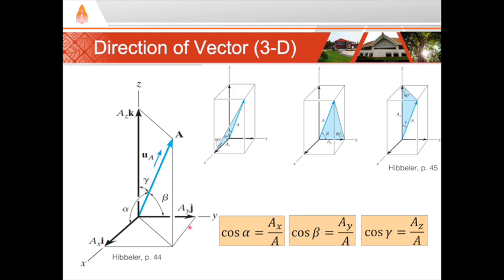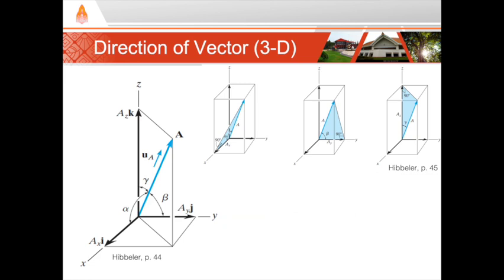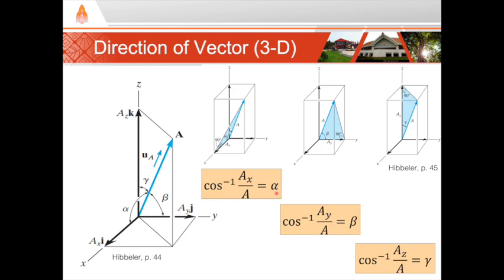So for example, the cosine of alpha is equal to the ratio of the magnitude in the x direction, or ax, divided by the overall magnitude of the vector A, and so on. Alternatively, if you already know these ratios, then you can find the angles using the inverse cosine. So the inverse cosine of ax over A is equal to the angle alpha, and so on.